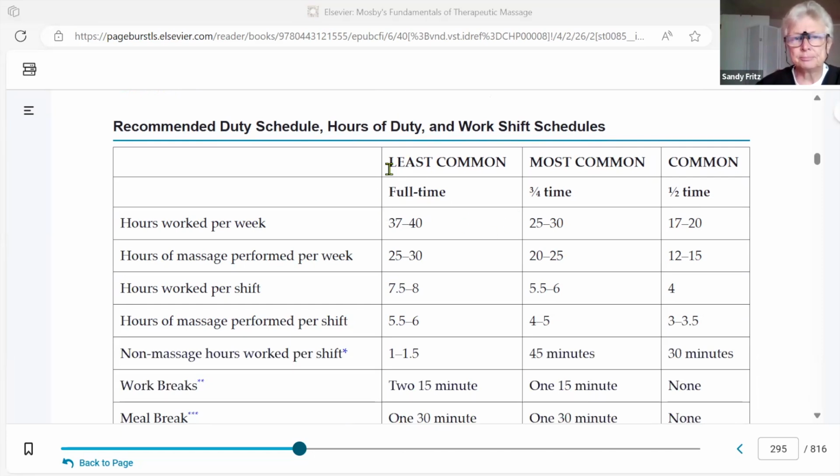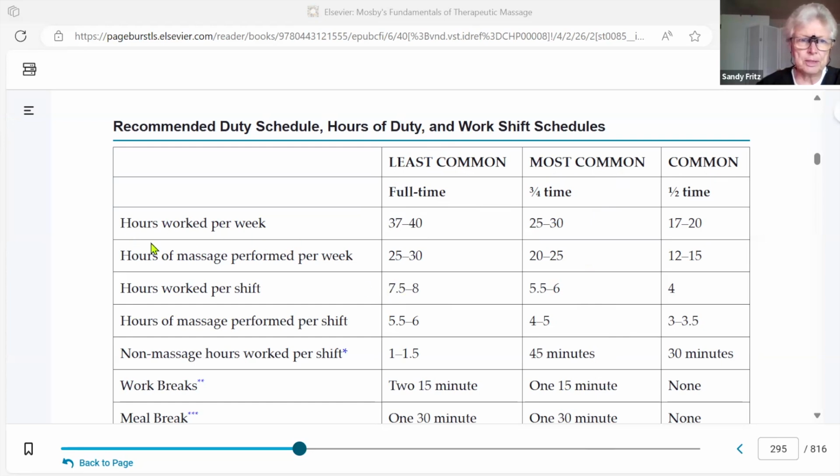It is least common for a massage therapist to work full time. It is most common for a massage therapist to work 3/4 time, but they think that is full time, and it isn't. And common is a part-time, a half-time schedule.